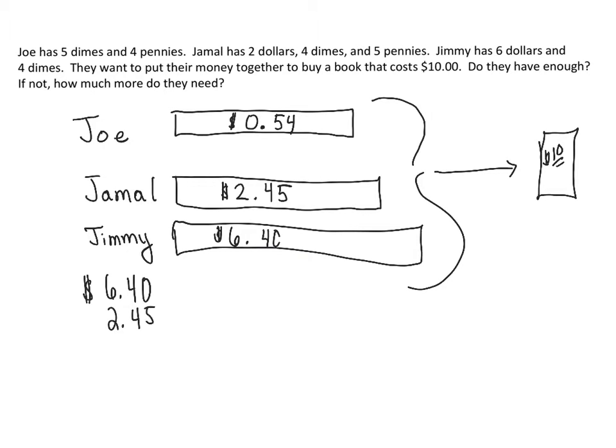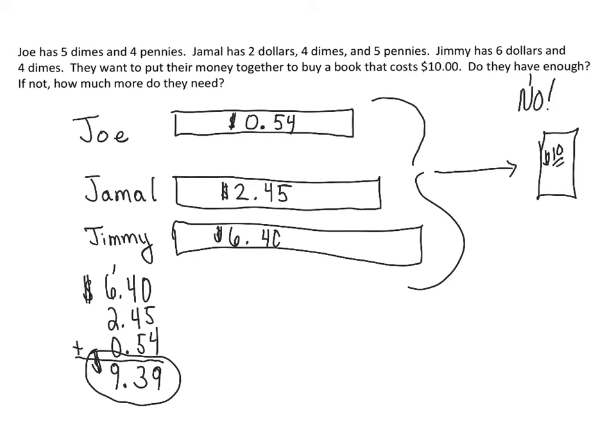And I'm going to make sure that my decimals are lined up. That's very important. All right, now I do 9, 13, 7. They have $9.39 all together.